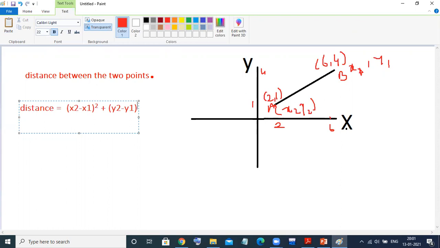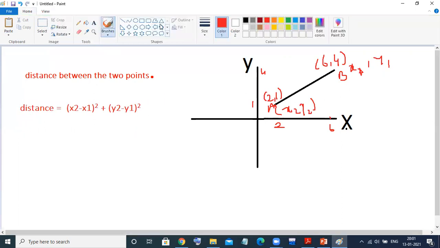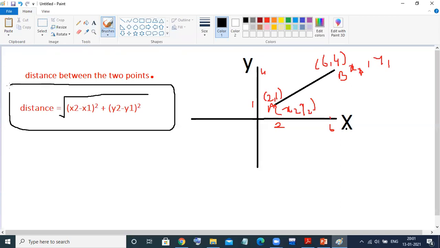A little bit of mathematical background will be required here to find the distance between 2 points, and this whole thing is under a square root. This is the formula to calculate the distance between 2 points.